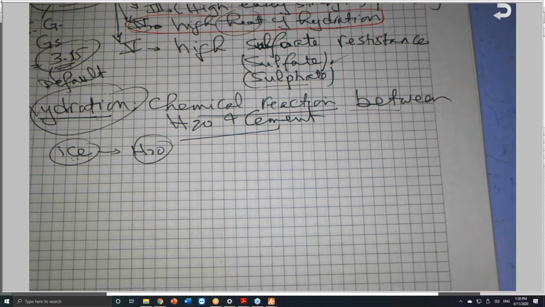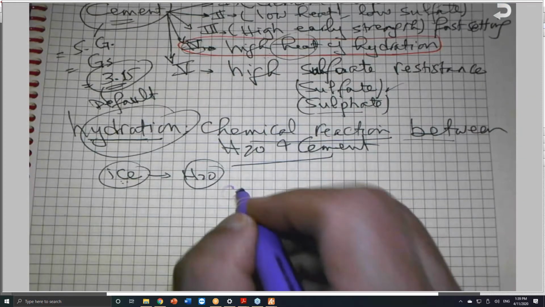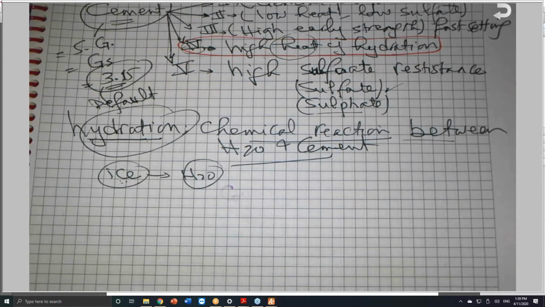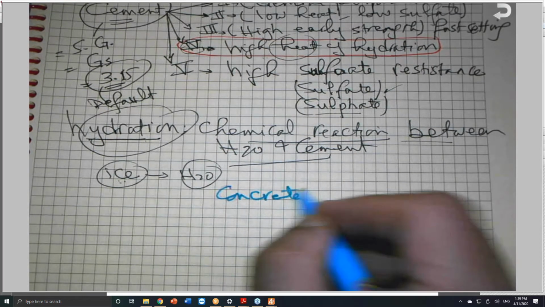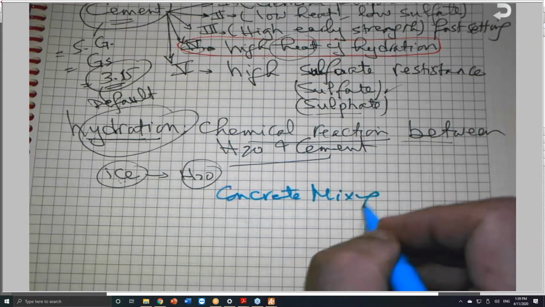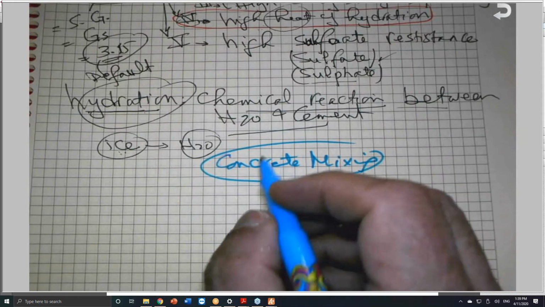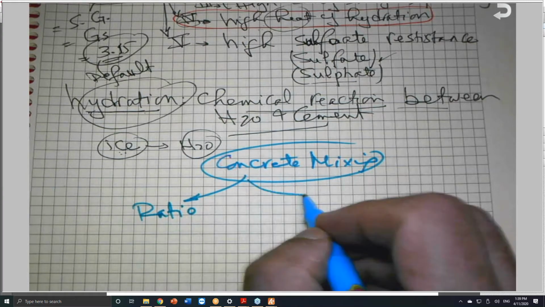So, concrete mixing. As I said, it could be by ratio or by the absolute volume.